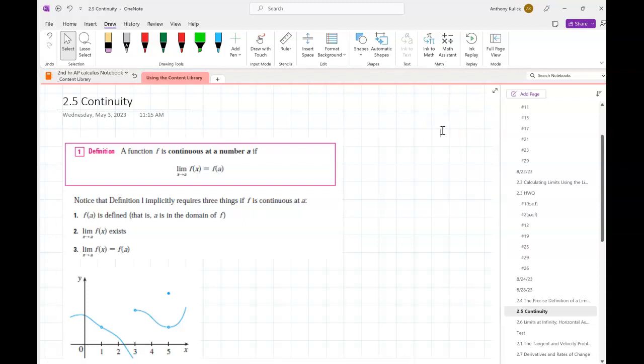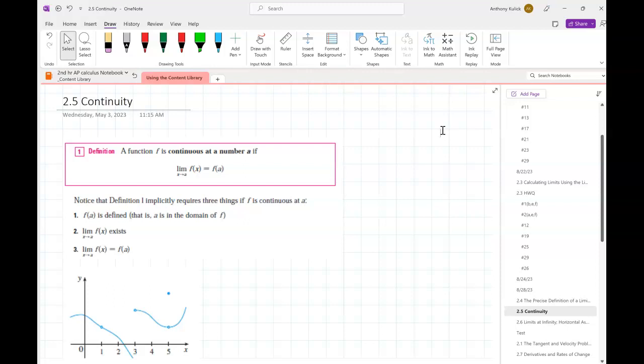2.5 is about a property called continuity. Now, we talk briefly about continuity in algebra 2 and pre-calc, right? But usually the definition we give for continuity is just that it's a function whose curve you can draw without picking up your pencil. Something kind of like that, right?